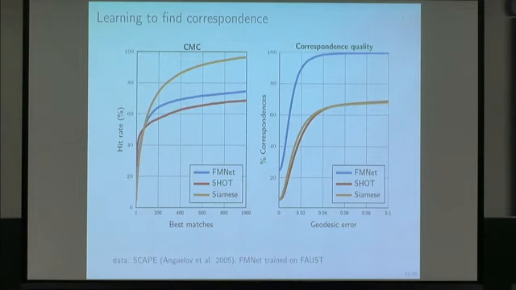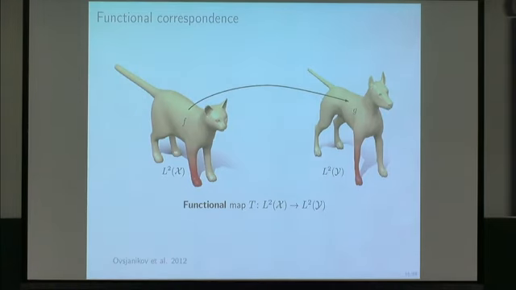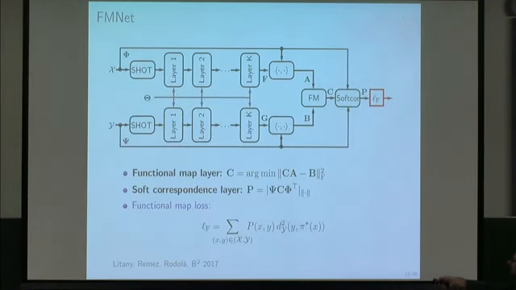I will show it to you at the end, combined with another technique that I would like to describe now. So this was on the descriptor part. It's a way to learn task-specific optimal descriptors. But still, once we compute this matrix C, we compute the functional representation of the correspondence. If we think of this matrix as a pointwise representation of the map, it is still some blurred version, right?